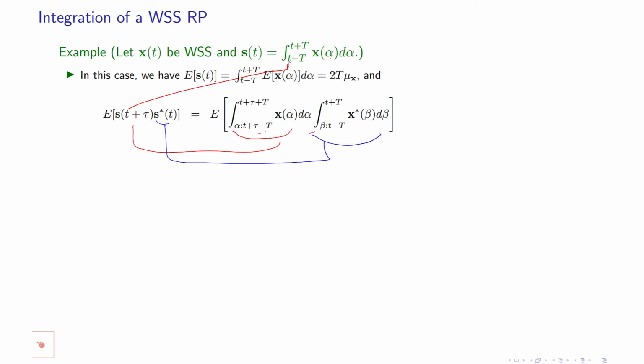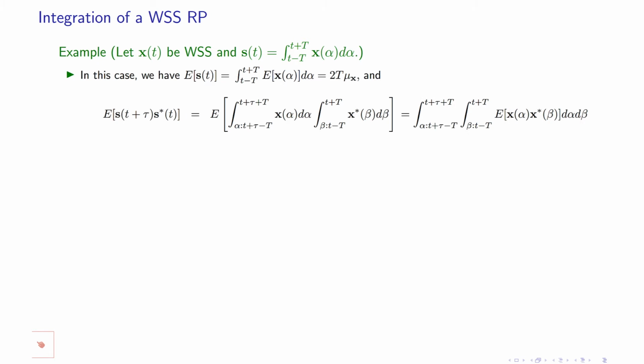So I will have the expected value of a double integral, and then I could put the expected value inside the double integral. These two become the outer integrals, and this expectation goes inside.